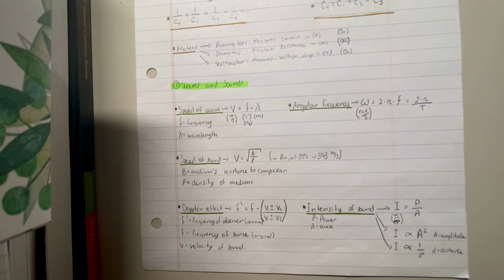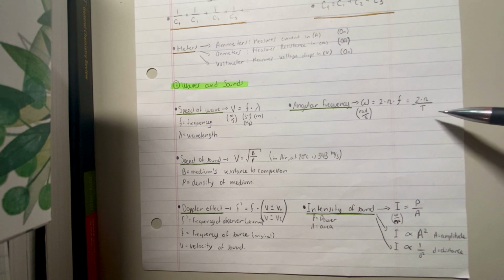We also have the angular frequency, which is just another way to represent the frequency, and which can be obtained with 2 pi times the frequency. It's going to be in rad over seconds, which makes sense, right? Frequency is in 1 over seconds, and 2 pi is going to give us rad.